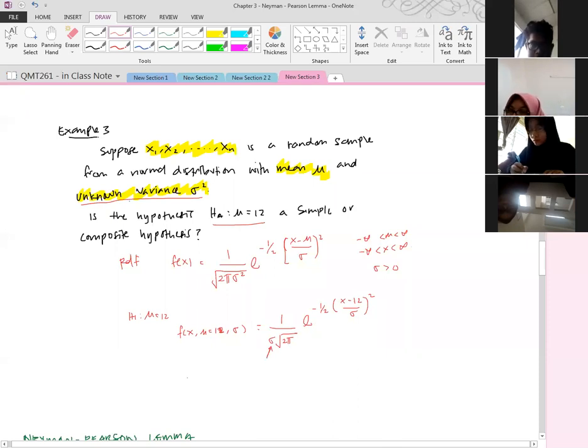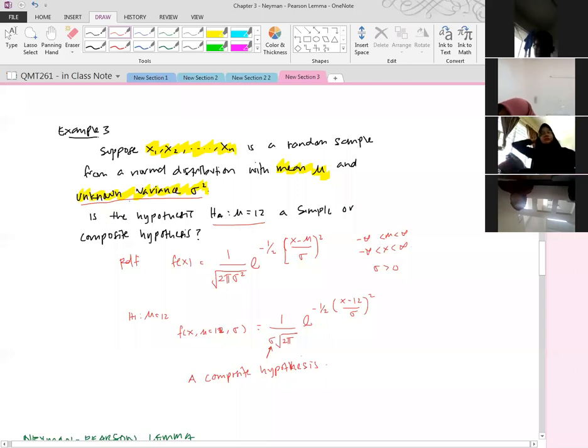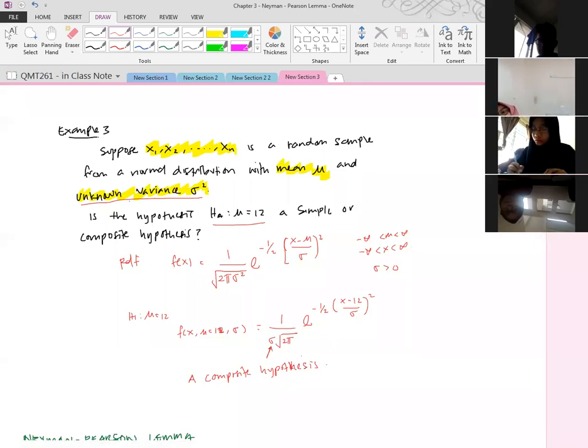So this is not a simple hypothesis, it's a composite hypothesis, because we still don't have a unique value. That's how we differentiate between simple and composite hypotheses for the distribution.